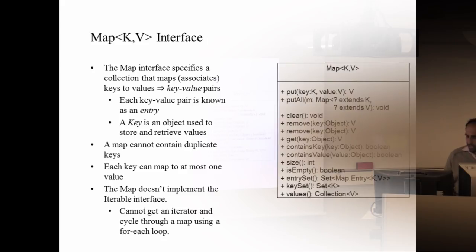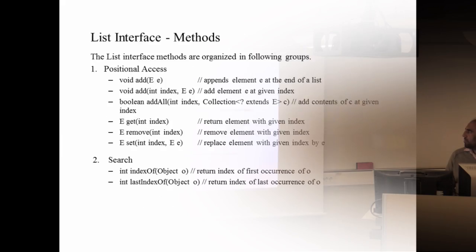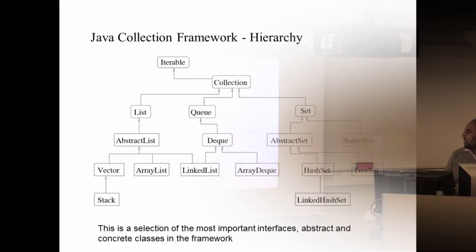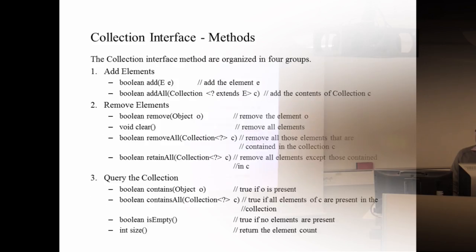And if we look here in the beginning, we don't have Map as a subtype here because it's not a subtype of Collection, and it's not a subtype of Iterable.